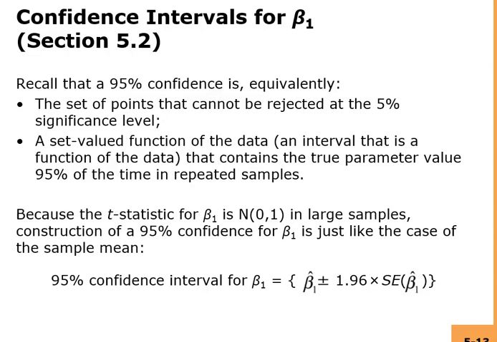Increasing the confidence increases the range, because we want to be more sure that the true population parameter lies within the interval. In that case, we have to change the 1.96 to the corresponding critical value for the 99% confidence interval.